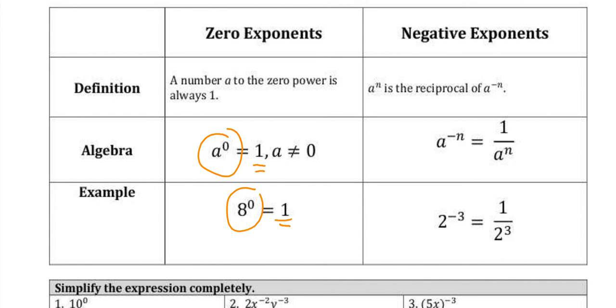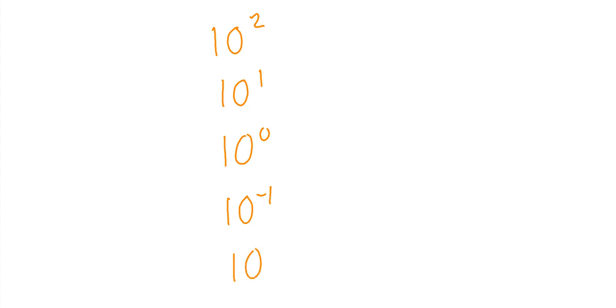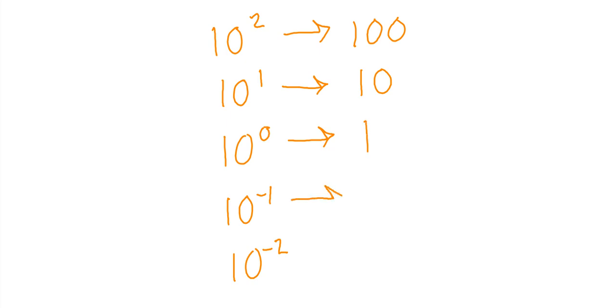So let me add a blank page real quick. And I'm going to blow your minds. Okay, so I'm just going to write some numbers down real quick. 10 squared is 100. 10 to the first power is 10. 10 to the 0 power is 1. 10 to the negative 1 is 1 over 10. 10 to the negative 2 is 1 over 100.